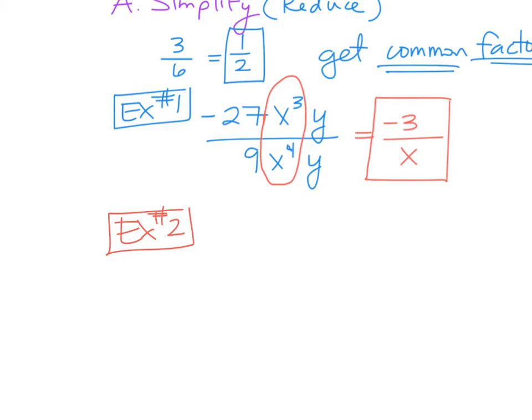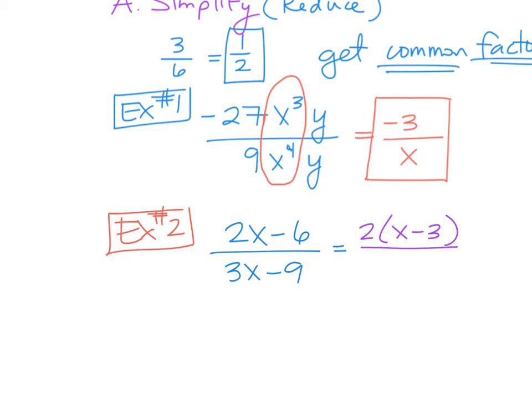If I give you 2x minus 6 over 3x minus 9, do you remember what you need to do first here? You need to take out a common factor, right? So what would you take out on top? 2. So this would be 2 times x minus 3.